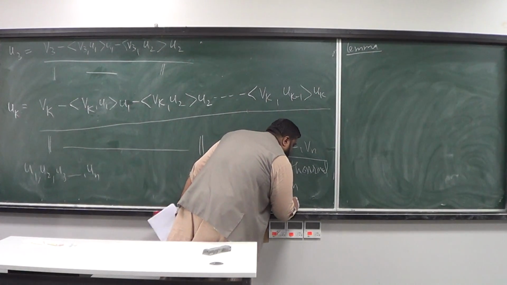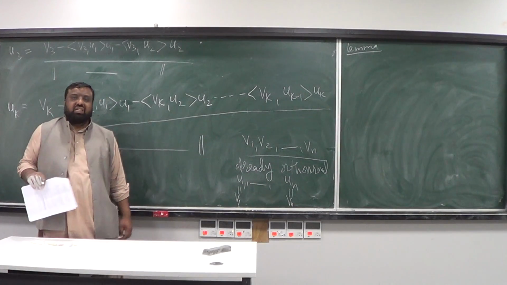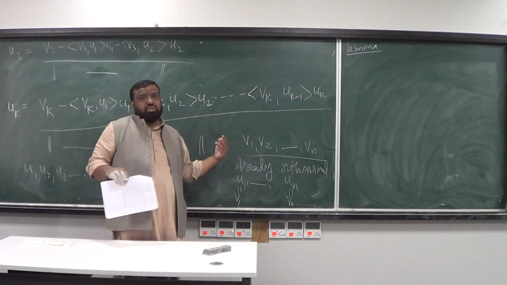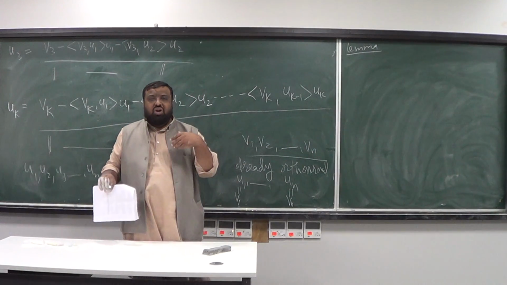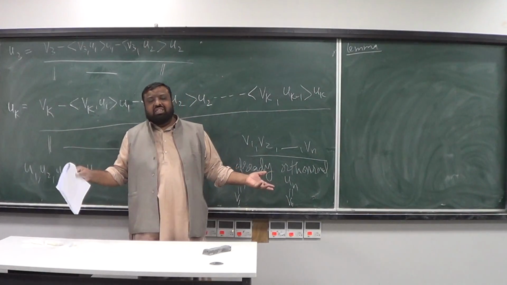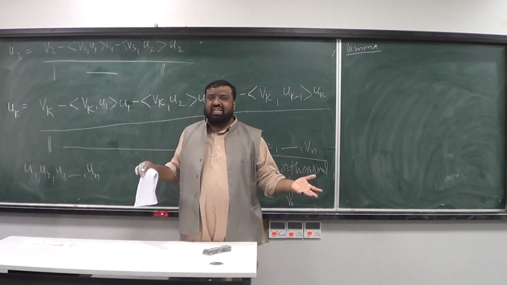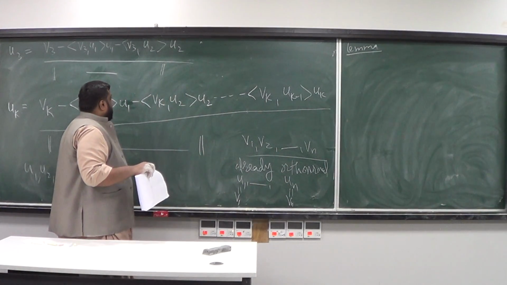So you will not get new orthonormal vectors by applying the Gram-Schmidt process on it. So there is no need to apply the Gram-Schmidt process on vectors which are already orthonormal, because you're not going to get anything.